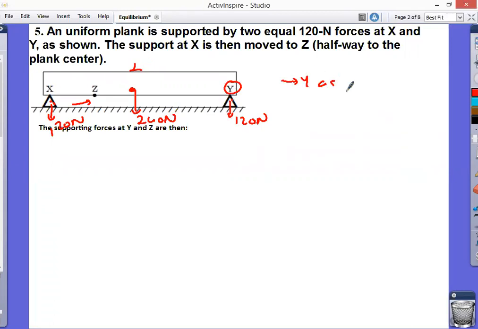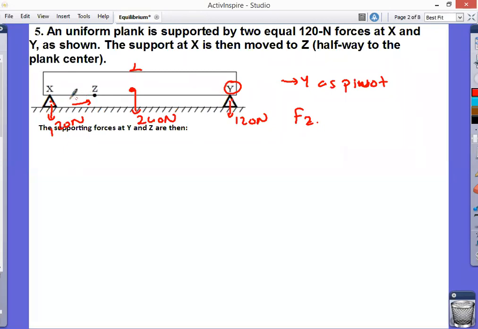So let's first of all use Y as pivot, okay? If you use Y as pivot, what's going to happen? Now we can find the Z here. How can we find the Z? We're going to just multiply Fz times, what is the distance from Z to Y? Let's call the distance from X to Y 1 meter, okay?